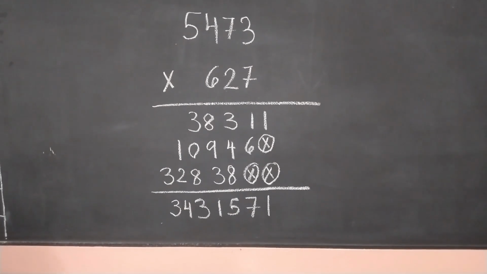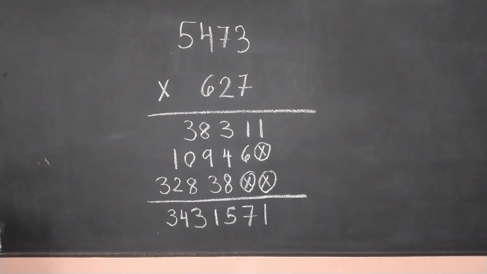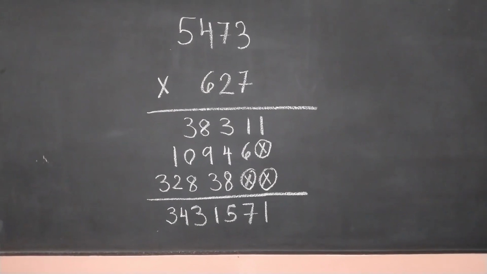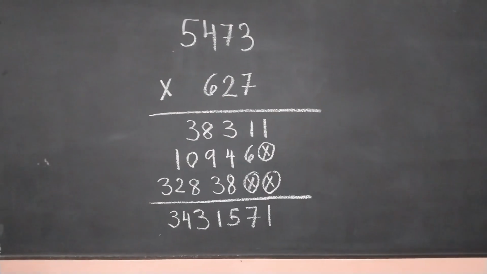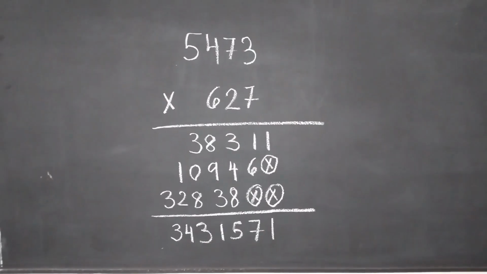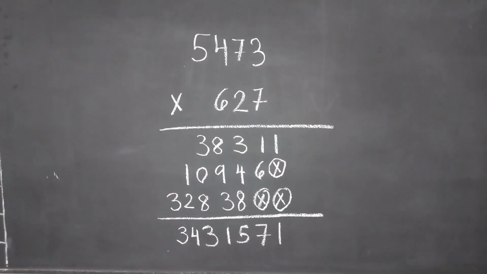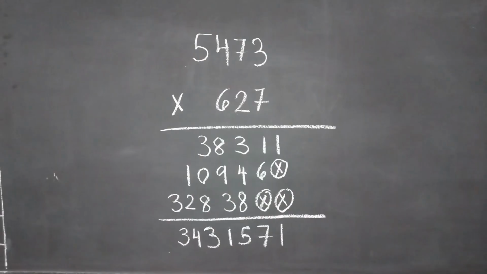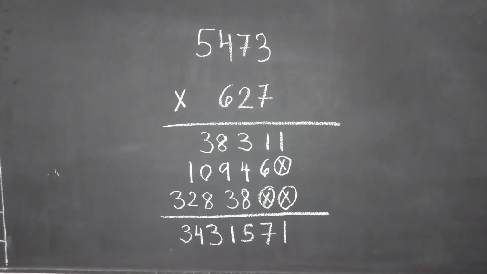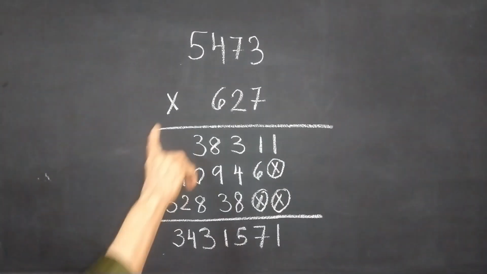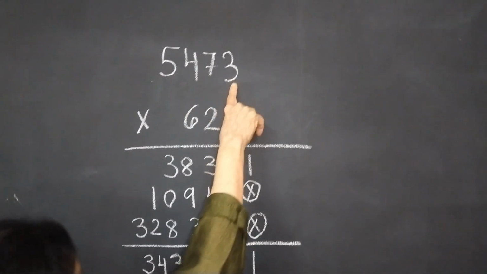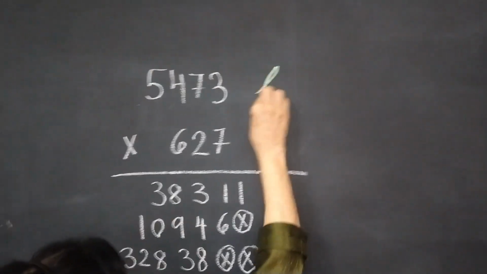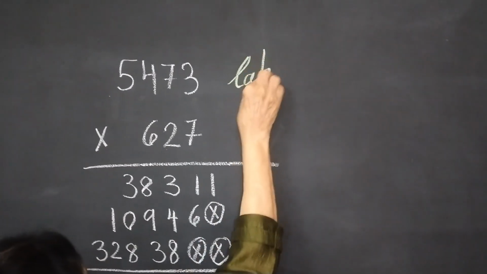Now our imagination starts working. We will imagine that in our school they are making new benches, and for every bench the labor charge is this much. So this is the labor charge, yani mazuri.